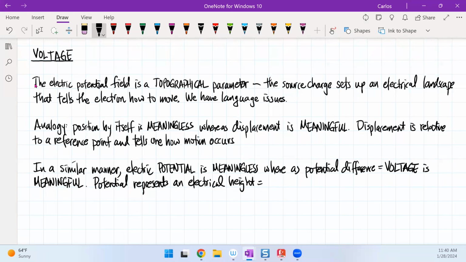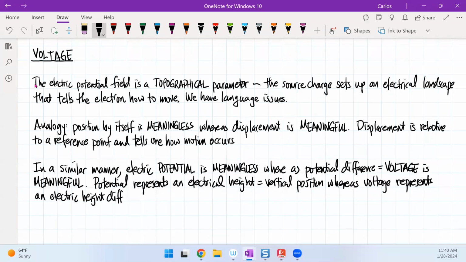In this case, it's really a vertical height or a vertical position in this electric space, whereas voltage represents an electric height difference and tells the direction of motion.